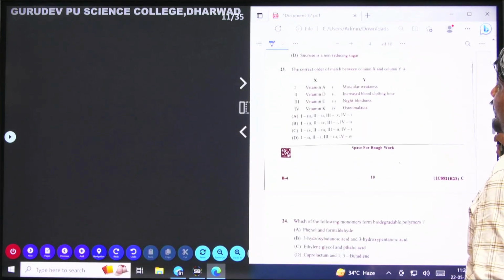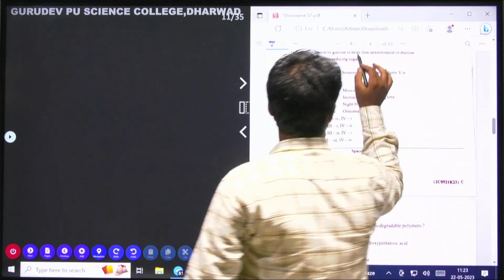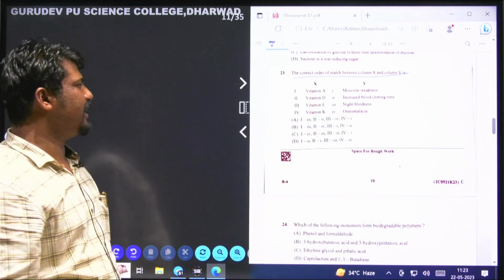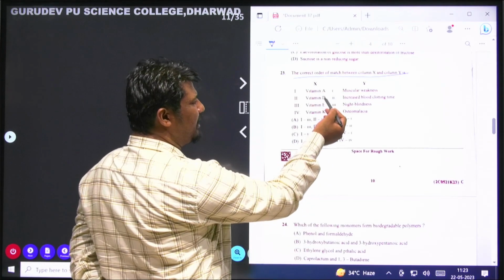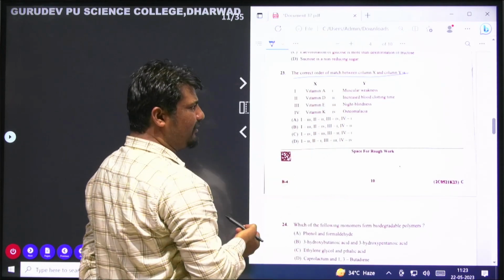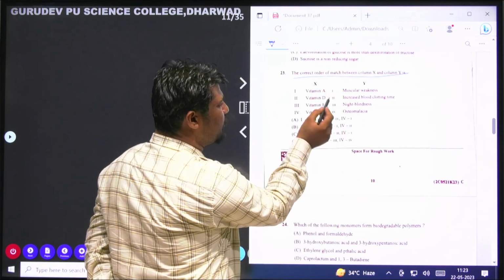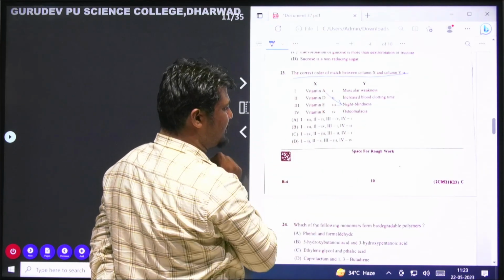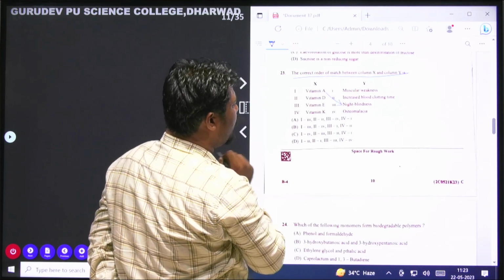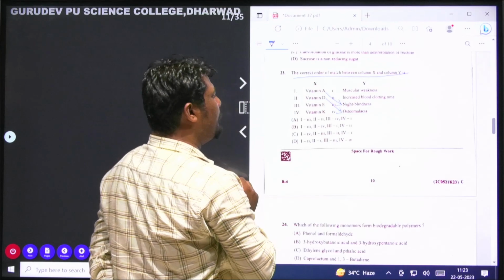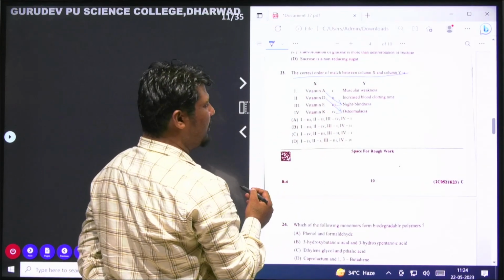The next question, number 23. The correct order of the match between column X and column Y. Vitamin A, vitamin D, vitamin E and vitamin K are there here. Vitamin A is used for night blindness. Next, vitamin D is used for osteomalacia, for bones and all.